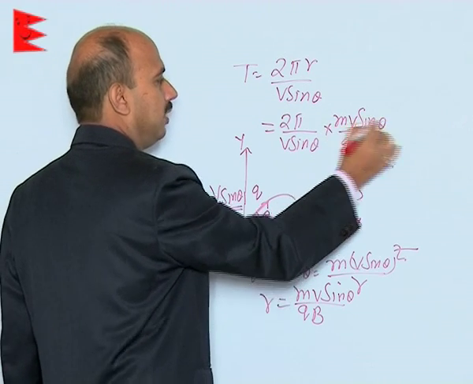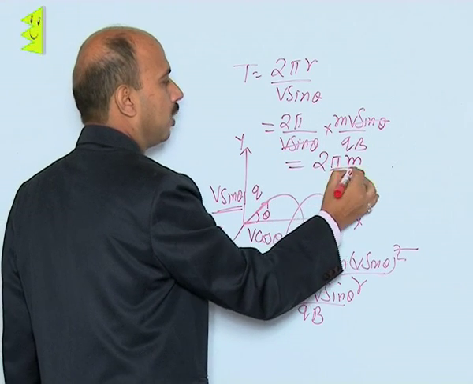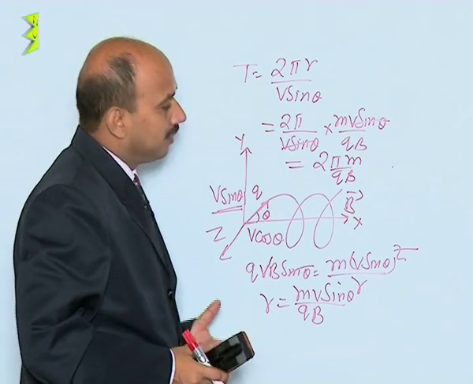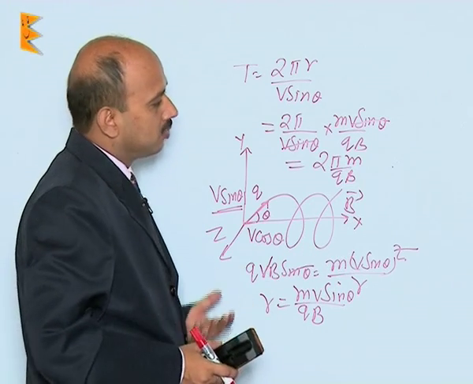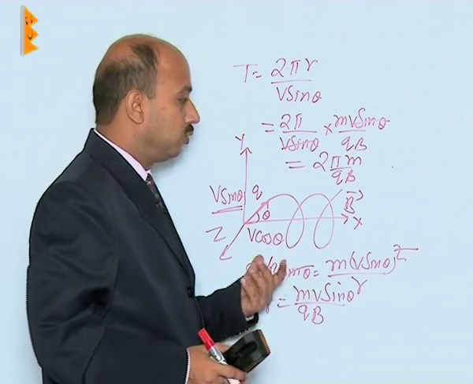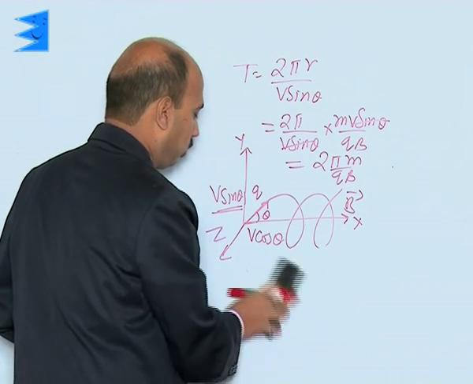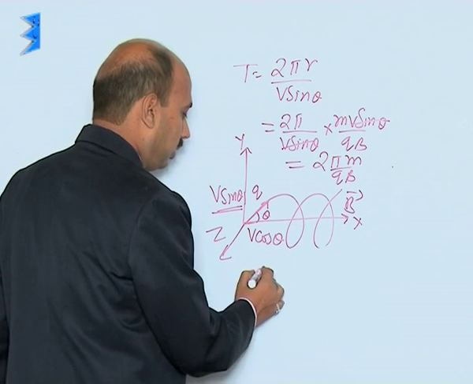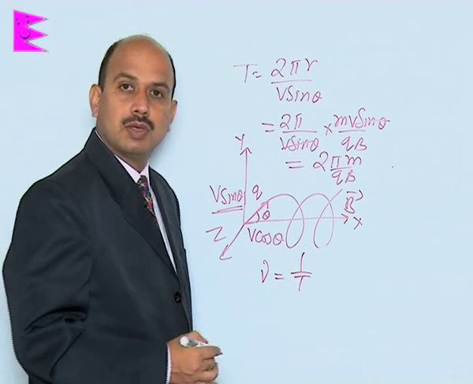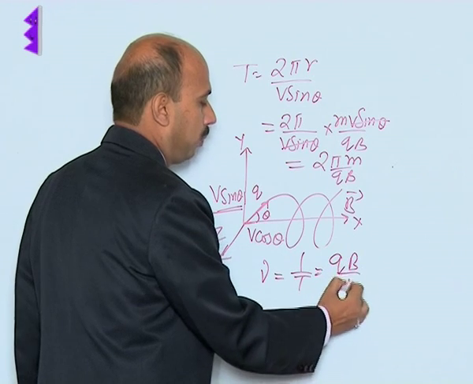The v sin theta cancels, so again it is 2 pi m upon qB. This time period is similar to the previous case, so the time period does not depend on the velocity here. Now we can also get the frequency of revolution, nu is equal to 1 upon T, that is qB upon 2 pi m.